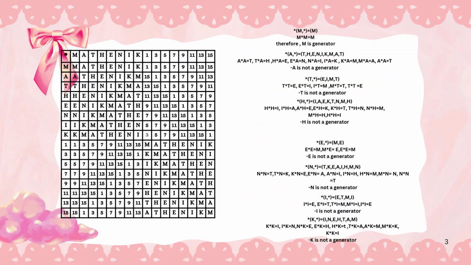Okay, let's check if the subgroup is cyclic. Let's start with M if it is a generator. So we're going to operate it by itself. M operates M is M. Therefore, M is not a generator.